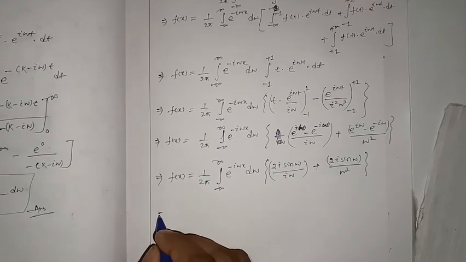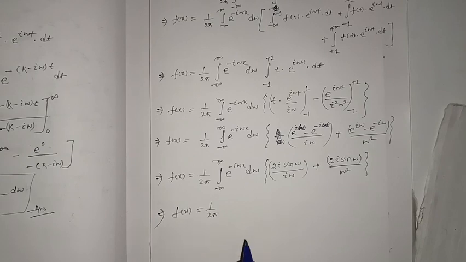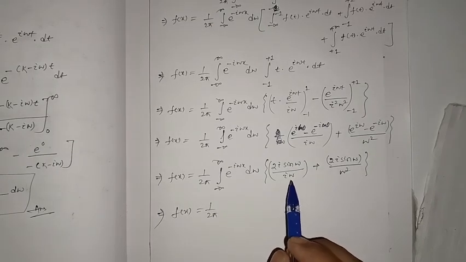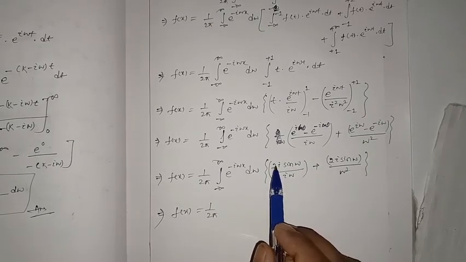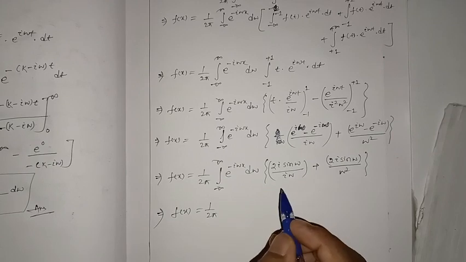Okay, so that implies f of x will be equal to 1 by 2 pi. So here 2i can be taken outside.